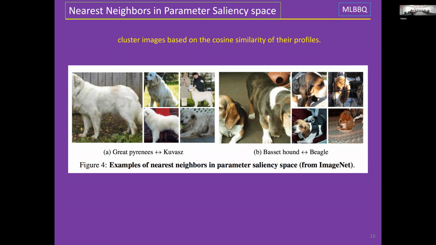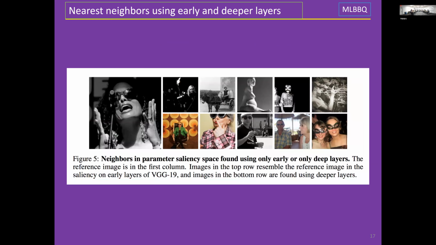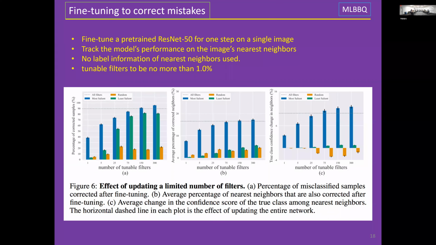Okay, got it. That is what they are doing here. So, for example, in panel A, percentage of misclassified samples corrected after fine tuning. The dotted line is the fine tuning over the entire network.